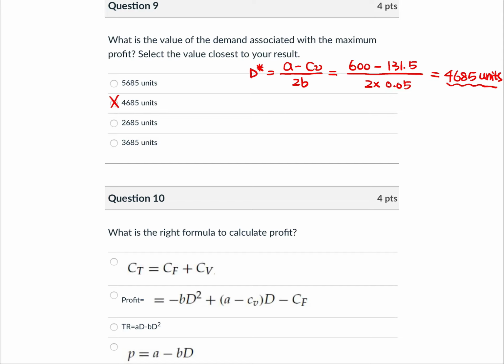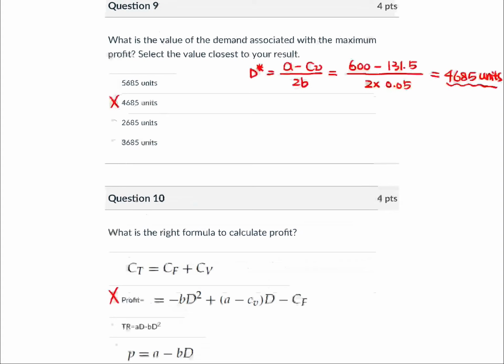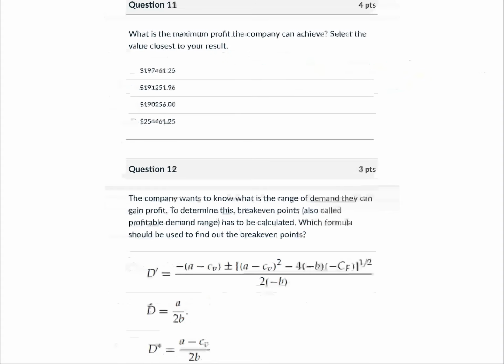What is the right formula to calculate profit? Profit, of course, this one, very easy. Then what is the maximum profit? So if you want to calculate the maximum profit, you're going to use A, B, C F, C lowercase v, and the D star in that equation. So you copy this.